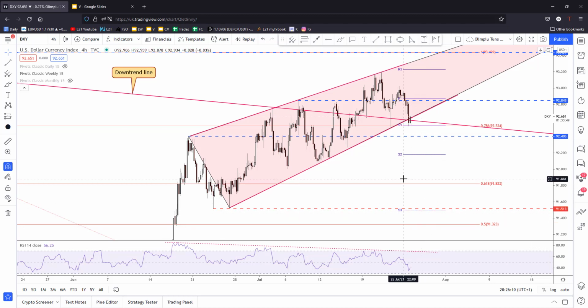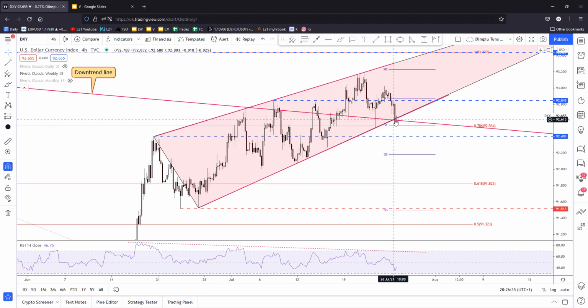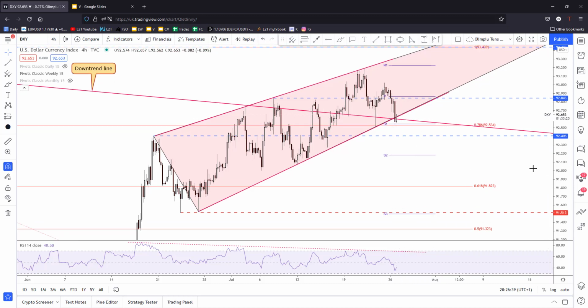But as I said today for the VIPs in the live trading session, this breakdown could still be invalidated. We'll have to wait for this candle to close before taking action on the dollar.